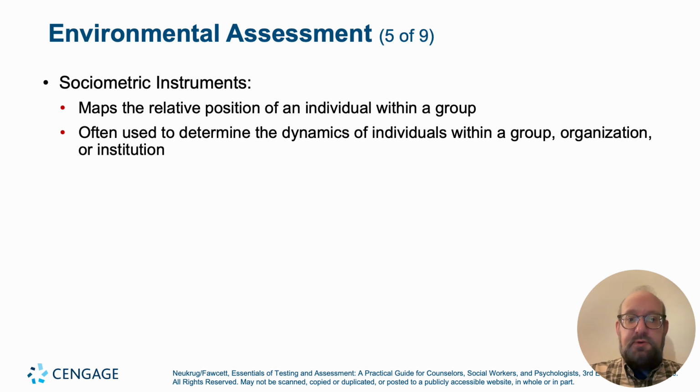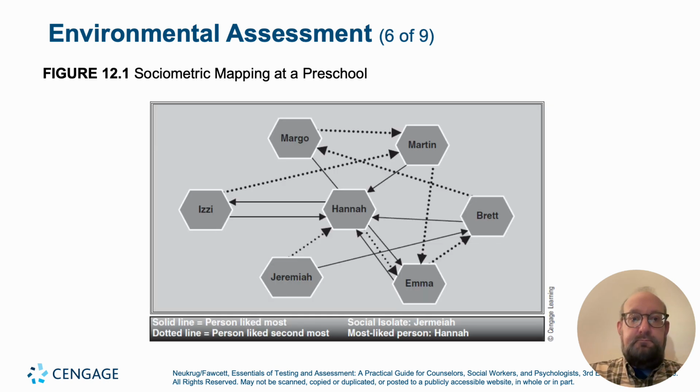The sociometric: what are the dynamics within the environment of the interpersonal aspects of that client, whether it's home, work, family, whatever it might be. The example on this slide is a sociometric mapping at a preschool.